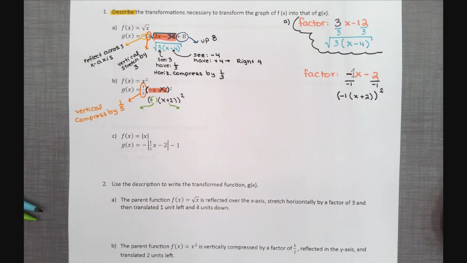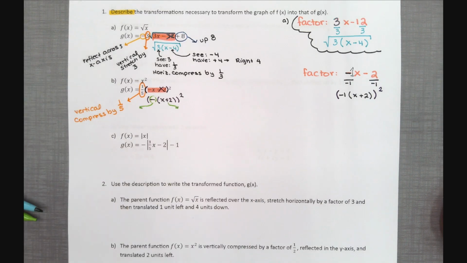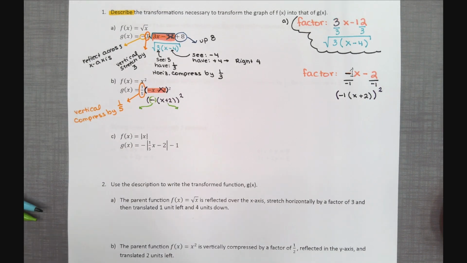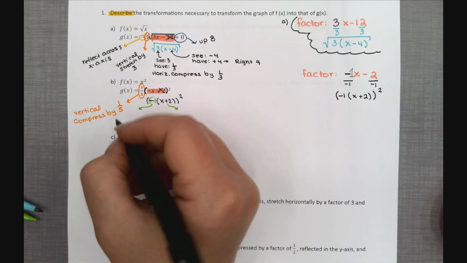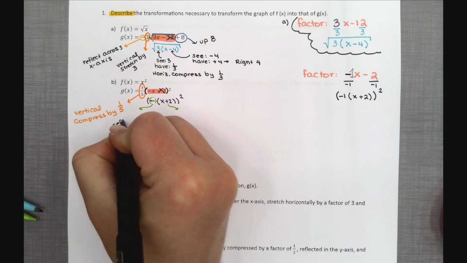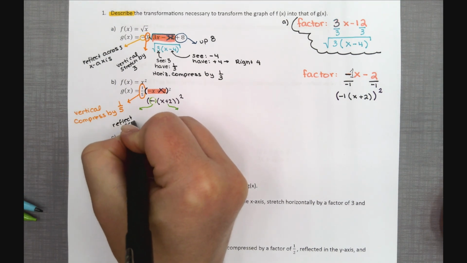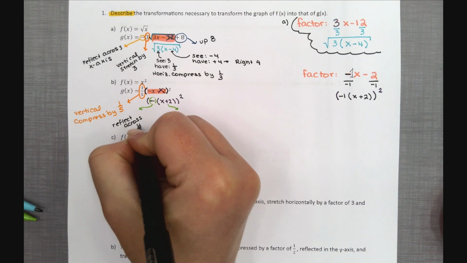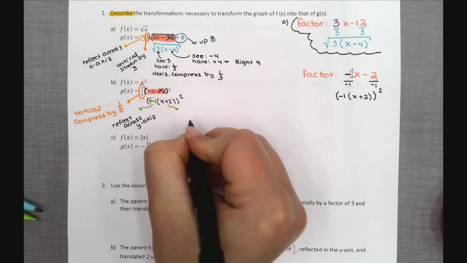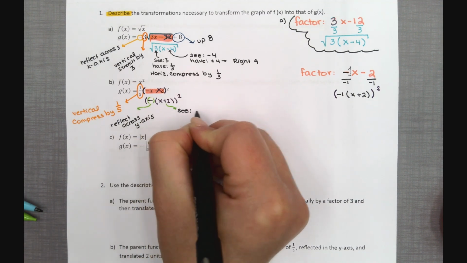That is okay as well, because if you see a number, it might trip you up. So if that bothers you, just leave it as a negative, which means that we have a reflection across the y-axis.